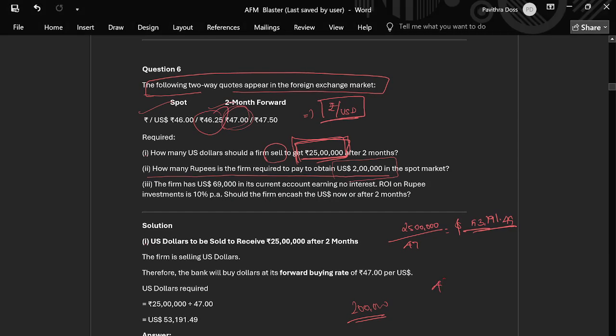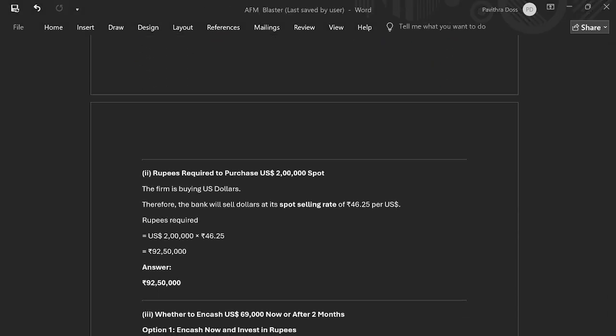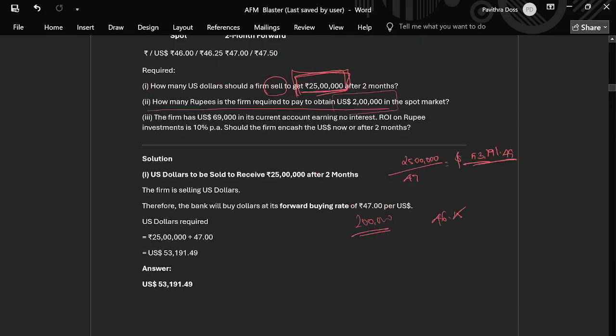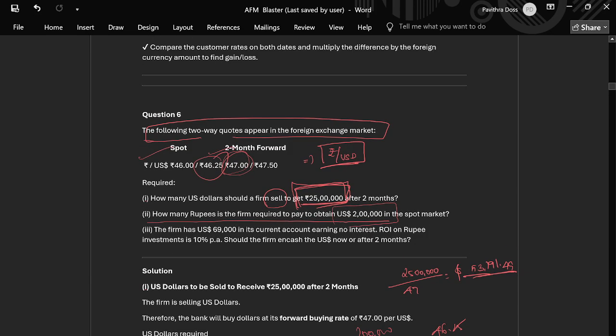So we'll take 46.25. So 2 lakh into 46.25. So we will have to pay 92 lakh 50,000. If we pay those 92 lakh 50,000, we will get 2 lakh USD. So that is the point here.